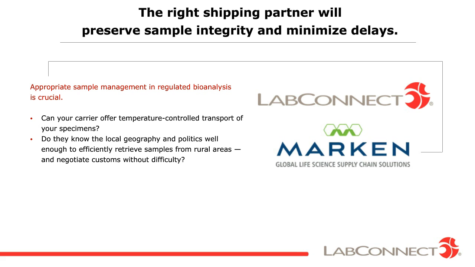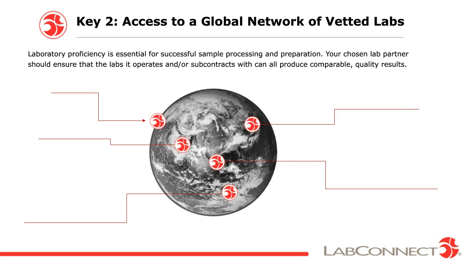So now we're going to move into the second key to success. The second key to success is identifying proper global laboratories for your particular studies and vetting these laboratories to determine their quality and capabilities. Previously, we discussed lab selection based on time and logistical challenges.